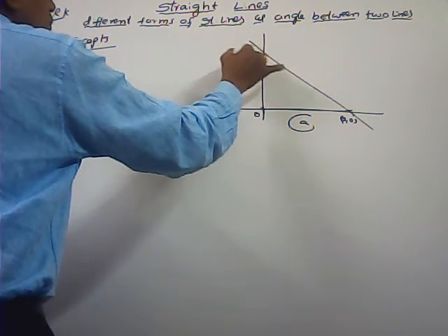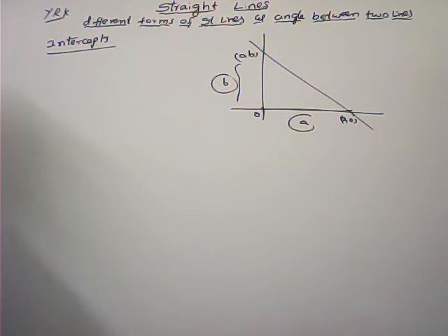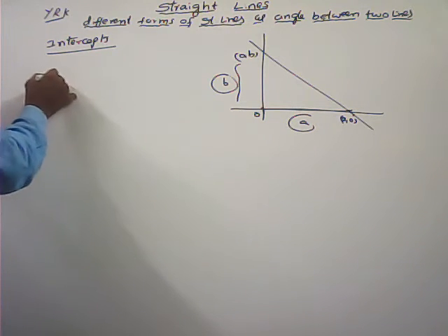If a line cuts the y-axis at (0, b), here b we say is the y-intercept. Now, two-intercept form.